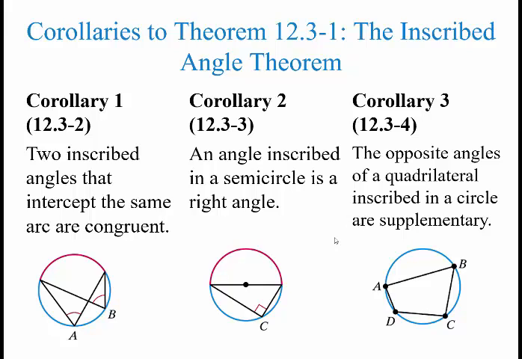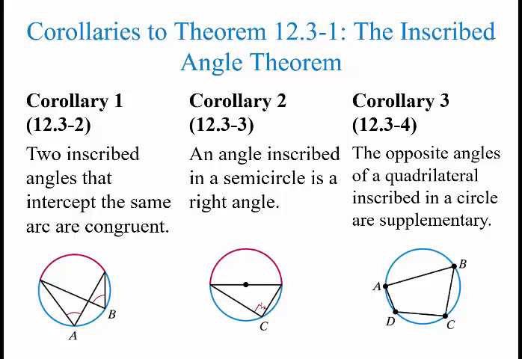All right, a couple corollaries to this theorem. First one: two inscribed angles that intercept the same arc are congruent. Like we see here, the measure of angle A and the measure of angle B intercept the same arc, so these must be congruent. And finally, an angle inscribed in a semicircle is a right angle, like this right here.